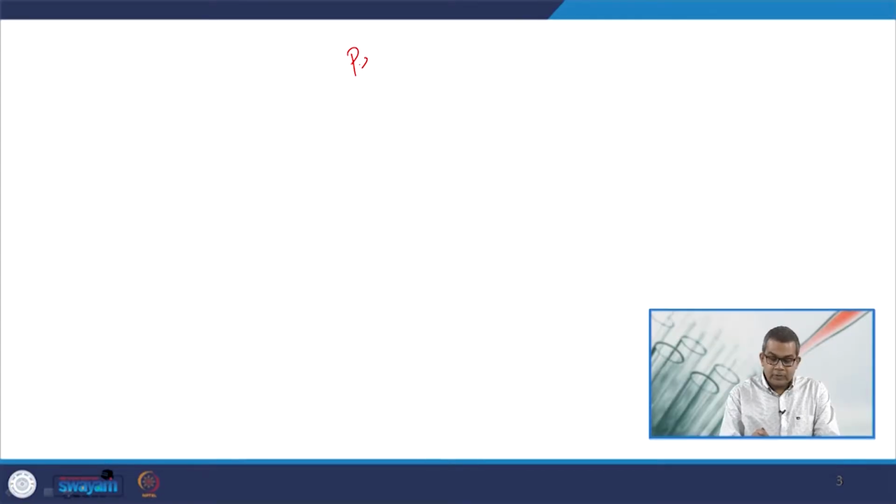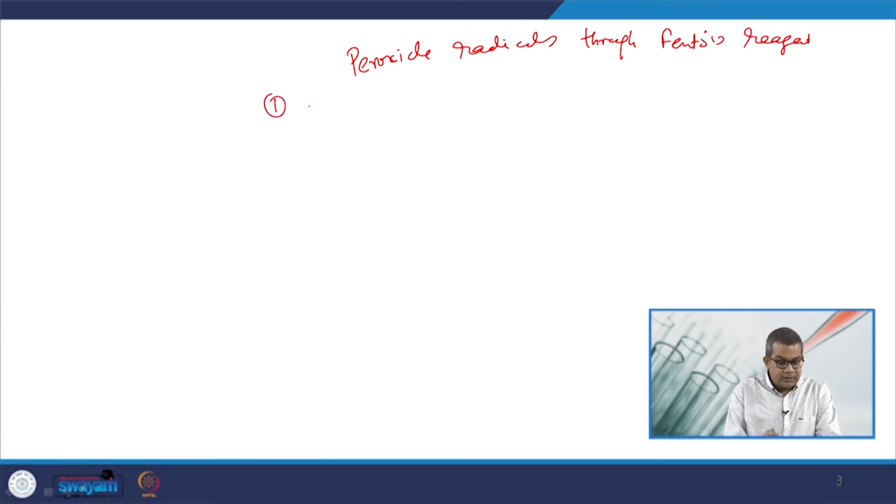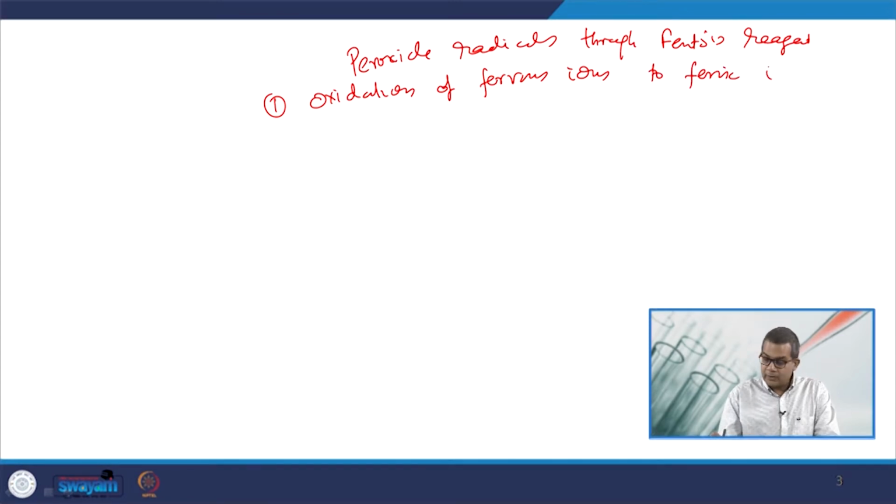Now, this is the peroxide radicals through Fenton's reagent. Let us take the first example, that is the oxidation of ferrous ions to ferric ions to decompose H2O2.